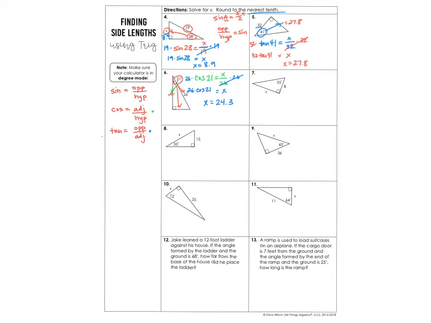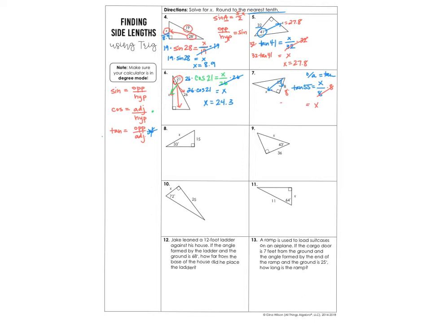Okay, this is clearly not giving us the hypotenuse. So if it's not giving us the hypotenuse, that means it's giving us the opposite and the adjacent. That is our tangent function here. So tangent of our angle, which is 55, equals the opposite. Opposite of that is x over adjacent, which is 8. So same steps. To get x by itself, we multiply by 8 on both sides.